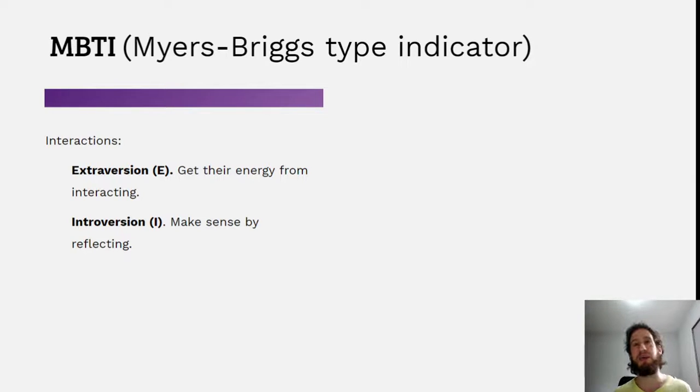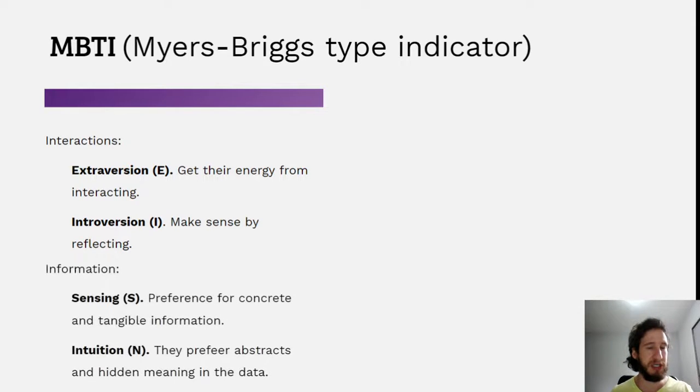So obviously they will get tired faster by having to deal with people for an extensive period of time. So you are an extrovert, an E, or you're an I, depending on whether you prefer to recharge your battery by dealing with people or by being alone.